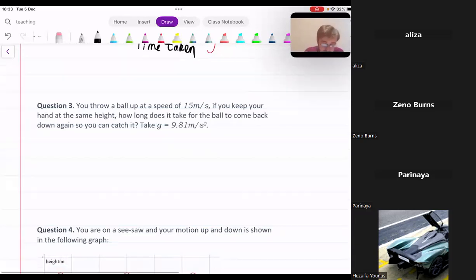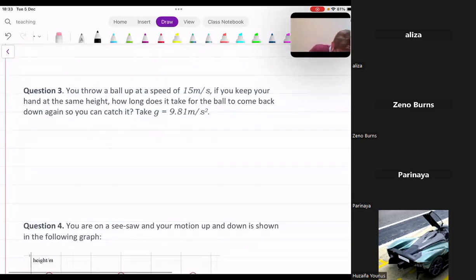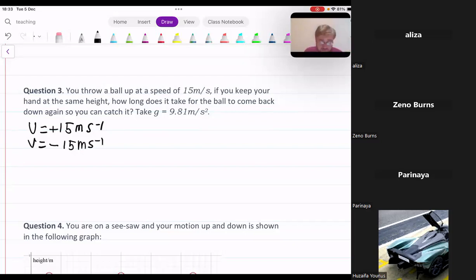So the initial speed, which is often called u, is plus 15 meters per second, because that's how it started. The final velocity is often given the letter v. It makes sense for velocity. And this is negative 15 meters per second.